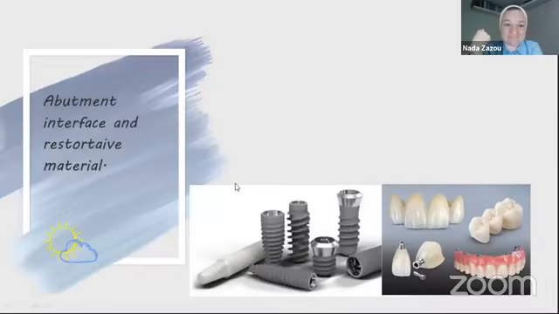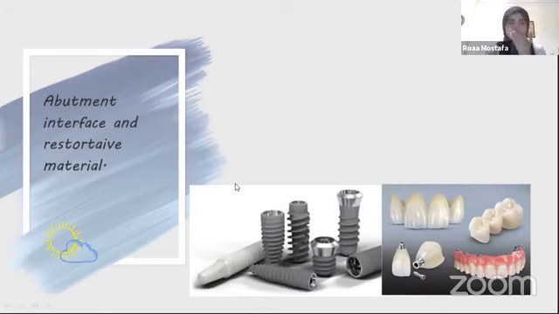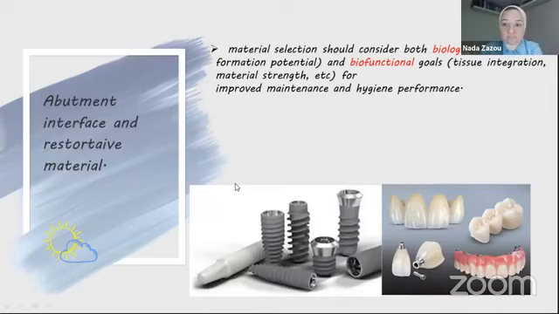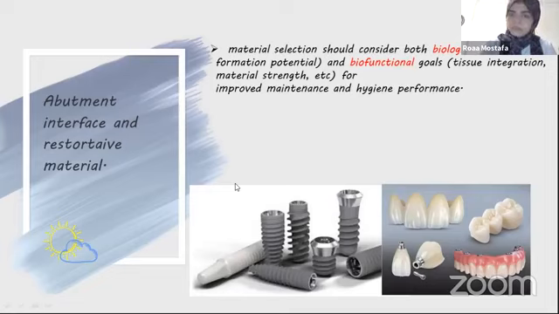Okay. Talking about the abutment interface and restorative material. Restorative material should have both biologic and biofunctional goals. What I mean by biologic goals is that it should have low plaque formation, that it is smooth, and does not allow for plaque accumulation and bacteria to adhere on it.